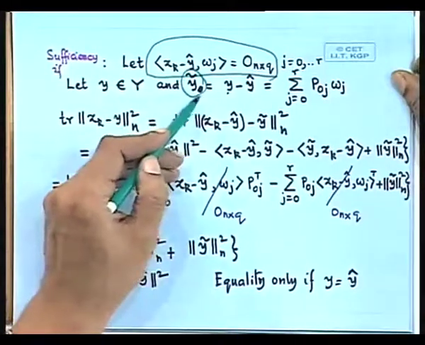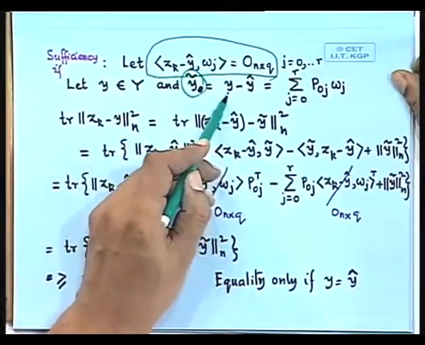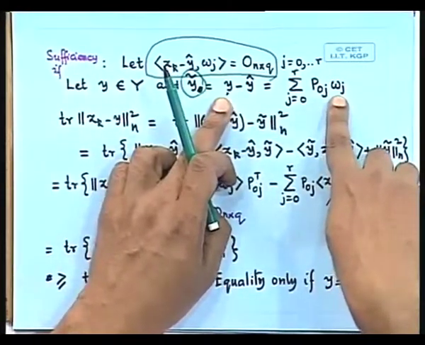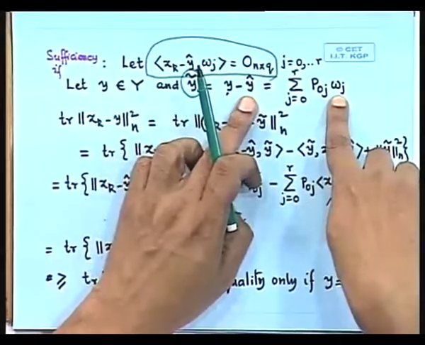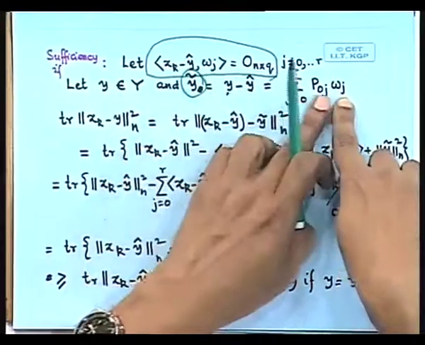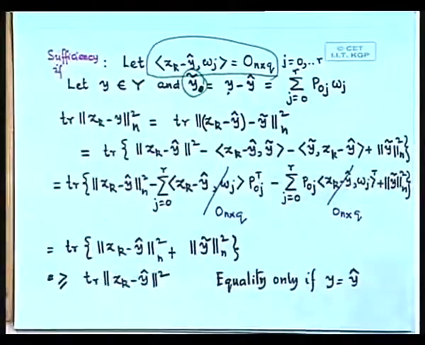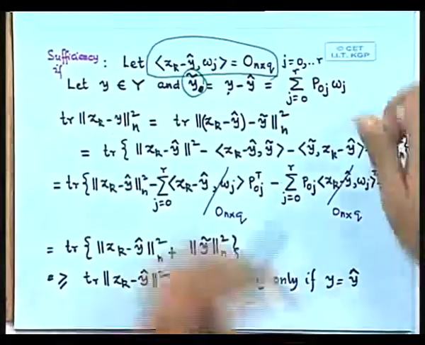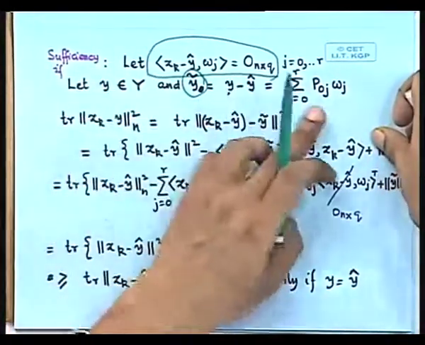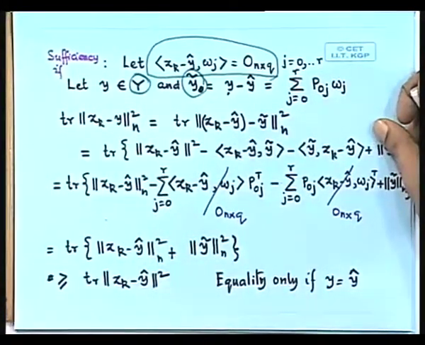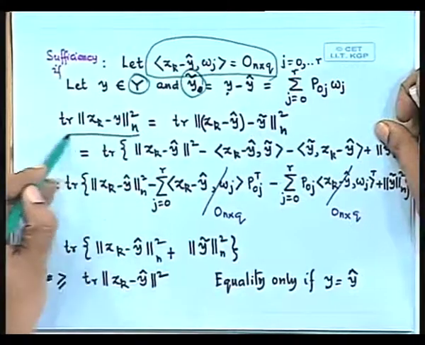Obviously, since y is chosen using some matrices of wj, and y hat is also chosen from the same space, y minus y hat can also be chosen in this manner, just subtract these matrices. So y tilde also belongs to the same space, correct?